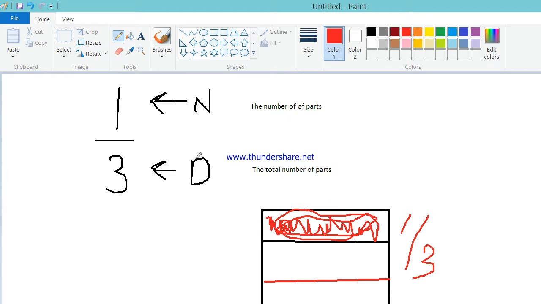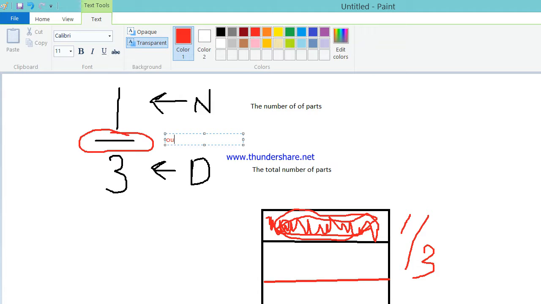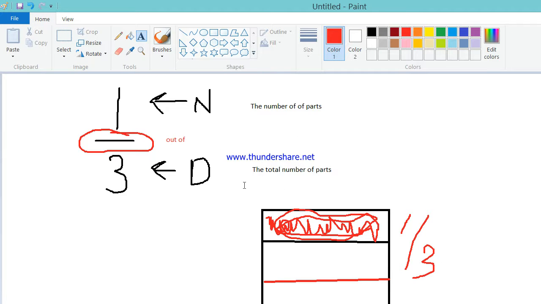And I tell kids that they can sort of interpret this symbol as meaning or representing "out of," 1 out of 3. So 1 out of 3 sections of this box is shaded red. The other way we can think about fractions is as parts of a group.